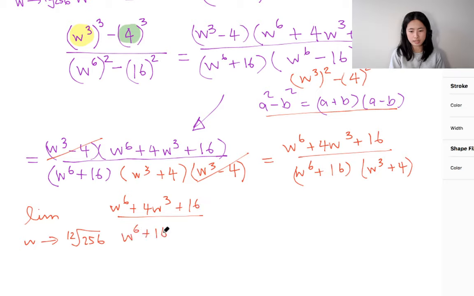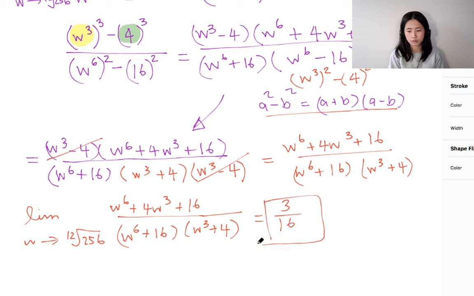Great. So now that we have this simplified form, when you substitute this value for W, you can just plug this into your calculator. You should end up with the answer. So that's your limit. Great. So that's how you're going to find 3 over 16.